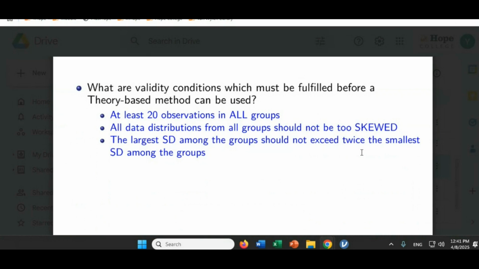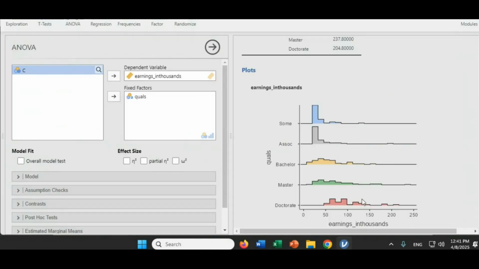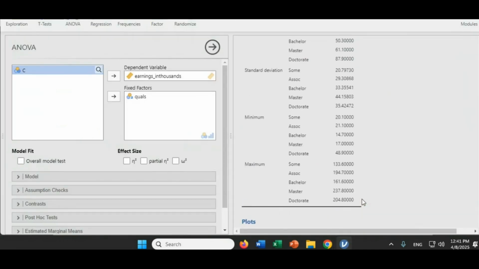Okay. So what does that look like? Well, let's see Jamovi now. Look at all the SDs. See, the smallest SD was 20. The sum group had the smallest SD of 20. The master's group has an SD of 44. So do we meet this VC in this data set, anyone? Yes or no?